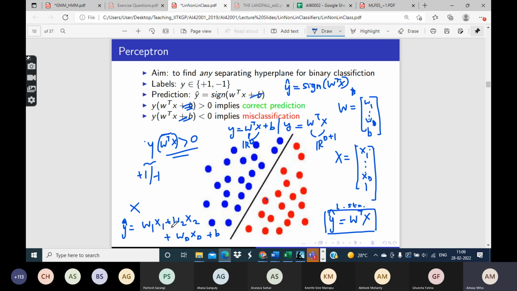This entire summation will be either greater than or equal to 0, or less than 0. If greater than or equal to 0, the prediction will be its sign, which is +1, and if it is negative, it will be -1.